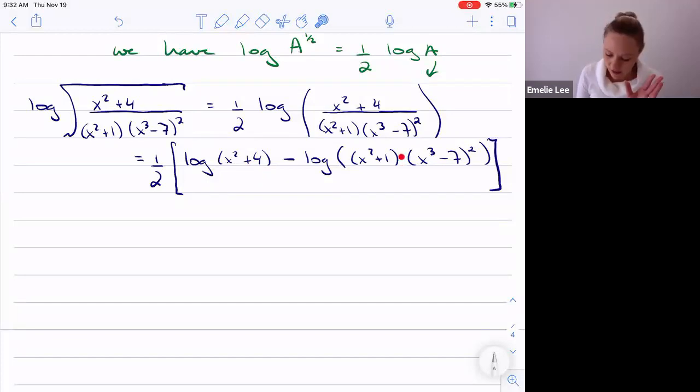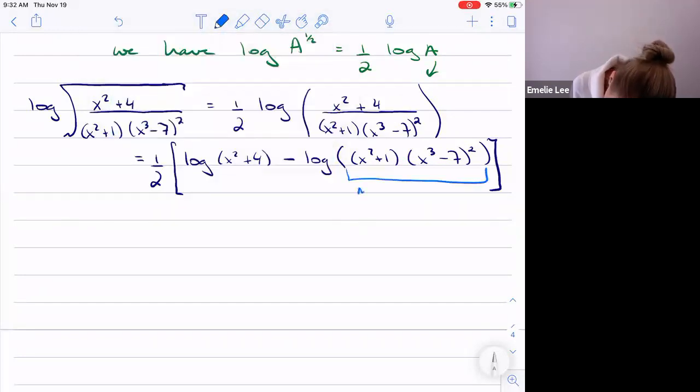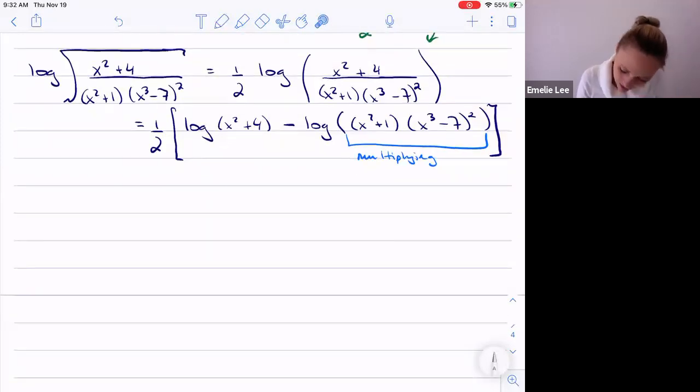Right here, I'm multiplying. So I can expand that out a little bit, right? Treating x squared plus 1 as if it's a, and x to the 3 minus 7 squared as if it's, say, b squared, or b if you want. So what we get, again, we've got this negative on the outside.